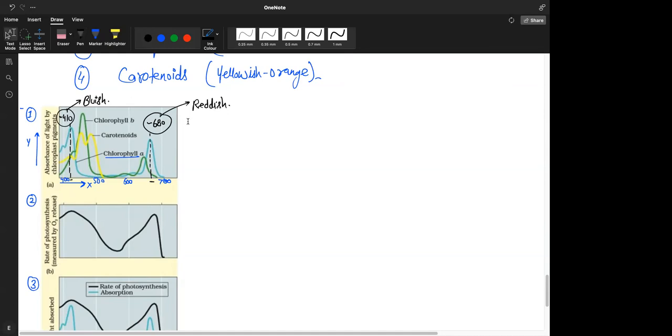Now, do you understand and realize from this graph why, when T. Engelmann did this experiment, he found aerobic bacteria concentrated at two different regions? Yes, sir. Because chlorophyll A, which is the most predominant pigment responsible for photosynthesis, absorbs the highest in the bluish region and then after that it absorbs energy in the reddish region. Make sense, everyone?